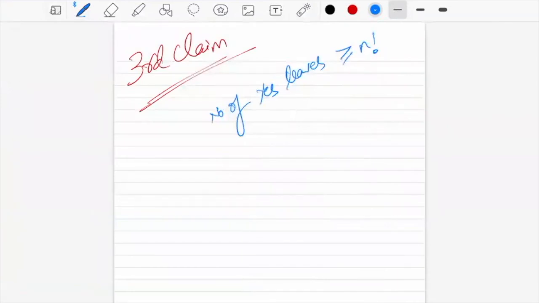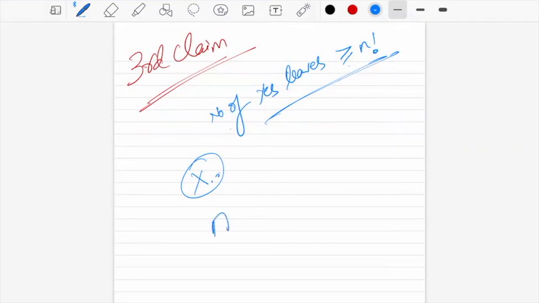So coming to the third claim, we are going to prove that the number of yes leaves must be greater than or equal to n factorial. From the second claim, we could consider different instances. For example, if we take an X instance, it has a number of different permutations.